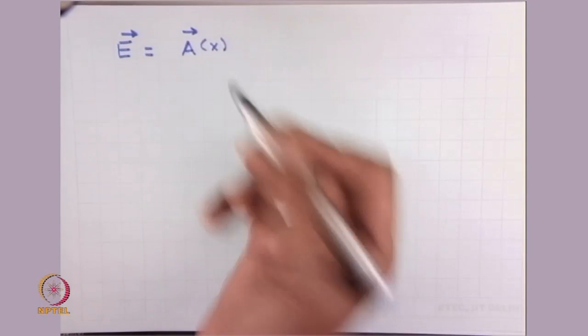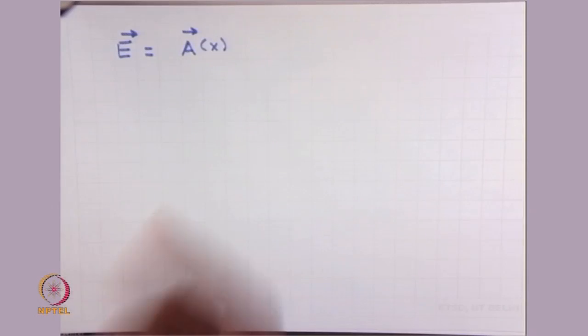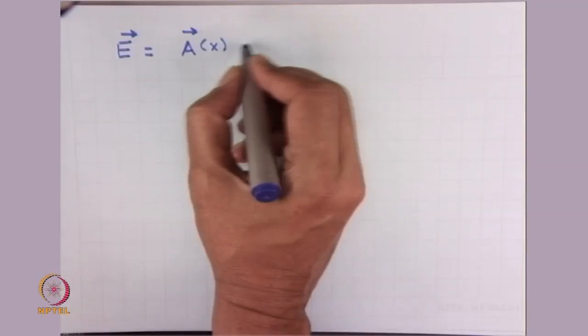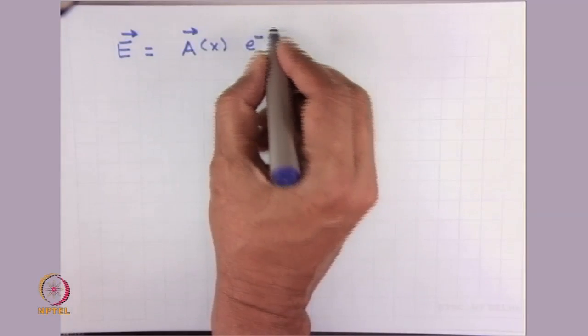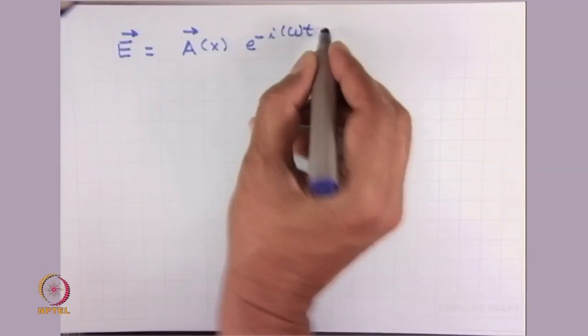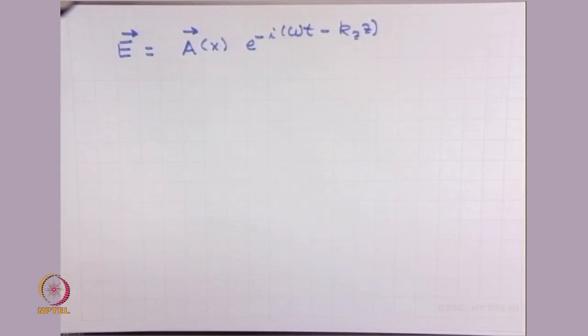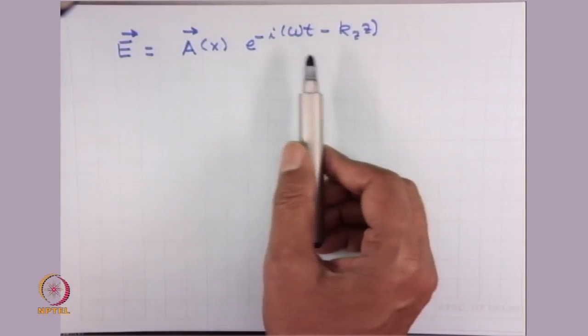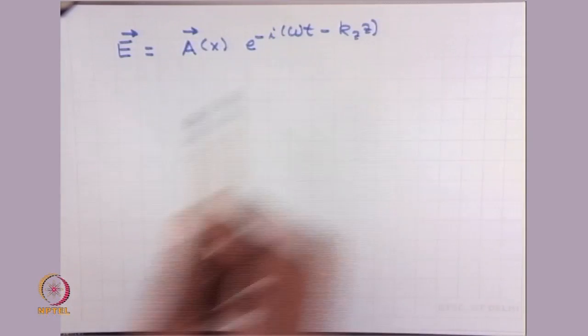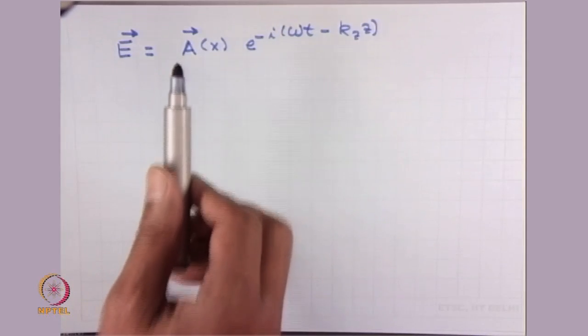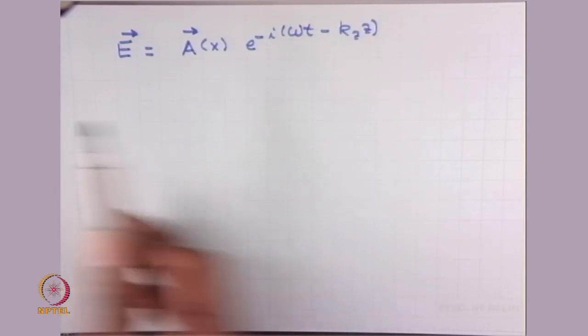Y dependence I neglect, saying that the field is uniform in y direction, exponential minus i omega t minus kz z. This sort of t and z dependence guarantees that the wave is maintaining its x profile as it travels.